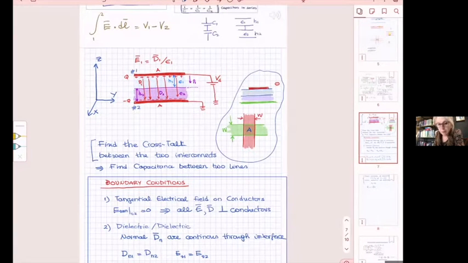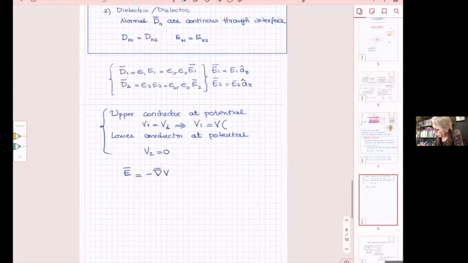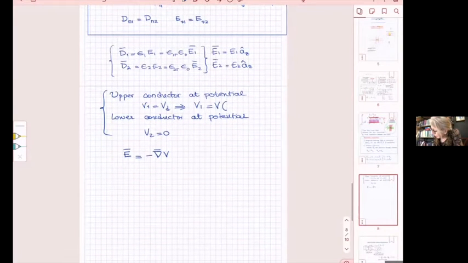So V1 is V at Z equals H1 plus H2, and V2 is nothing else but V at 0. So by saying that, we also have specified the potential values on the two conductors.